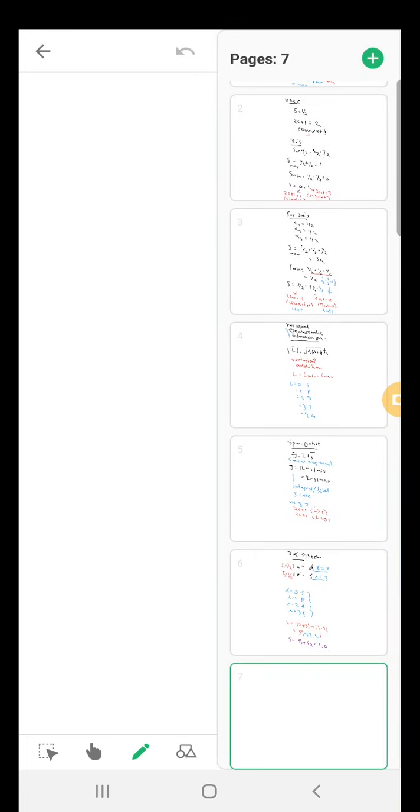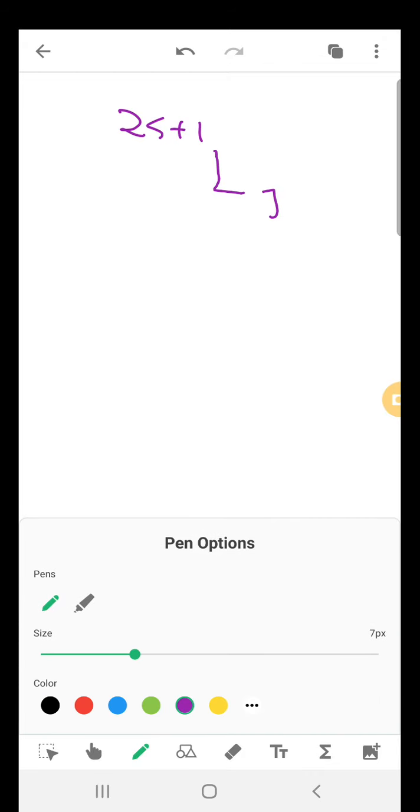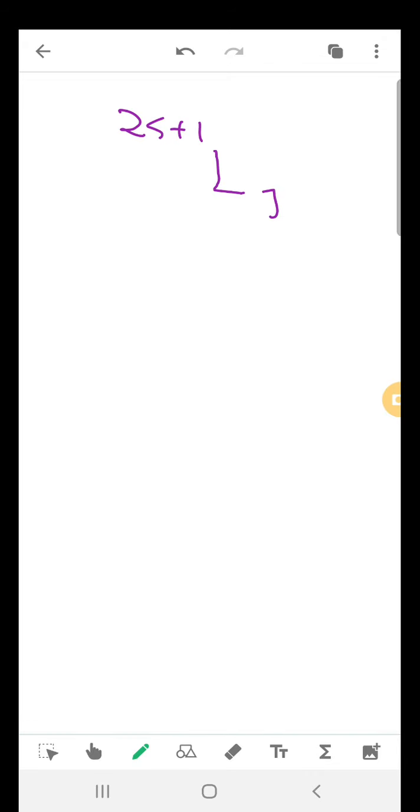A way of representing the states after L-S coupling is 2S plus 1 L J, and as we have already told you, this is the multiplicity. This is valid only if L is greater than S, and it will be changed to 2L plus 1 L J if L is less than S.